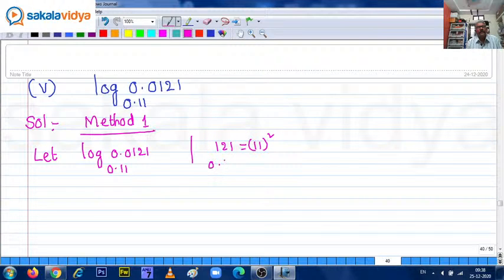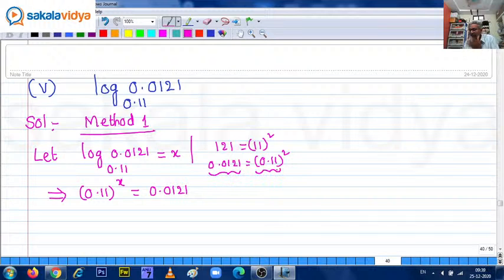So 0.0121 is nothing but 0.11 square. Okay, let us say this is x. Now we can write 0.11 all to the power of x is equal to 0.0121. So 0.0121 can be replaced by 0.11 square. So you get it like this.